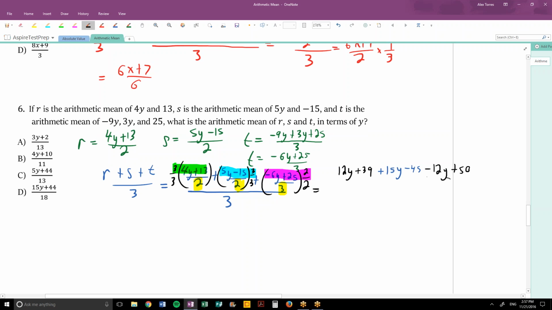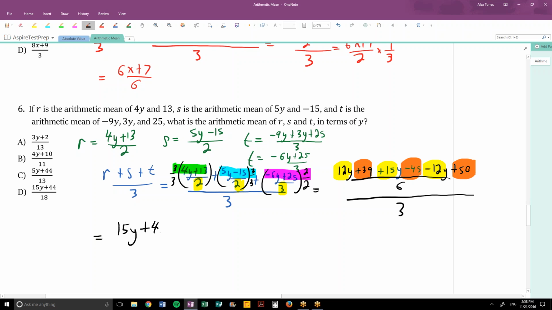And now that we've combined our denominators, we can say this is all over 6. And that expression is all over 3. Combining like terms on the top, we have 12y plus 15y, so that's 27y, minus 12y brings it back to 15y. So we've got 15y and plus 39 minus 45 is negative 6, plus 50 is positive 44, excuse me.